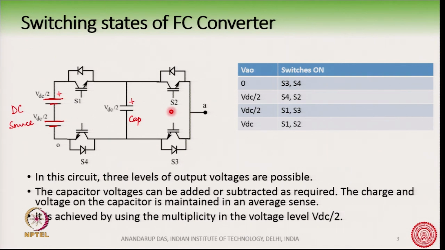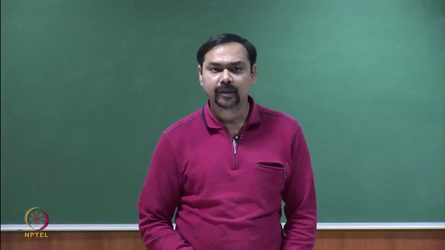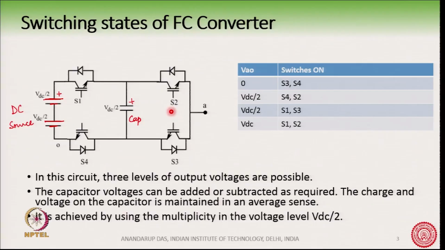There is also one other path by which we can realize VDC by 2, and that is going from here through S1 through S3. This is also possible. So, by turning on S1 and S3 or turning on S2 and S4, we can get VDC by 2 voltage available between A and O point.